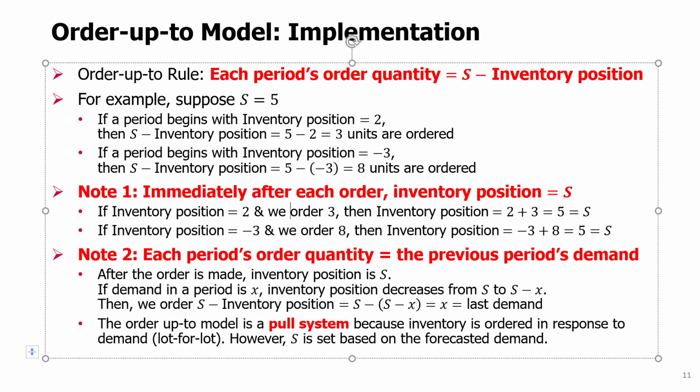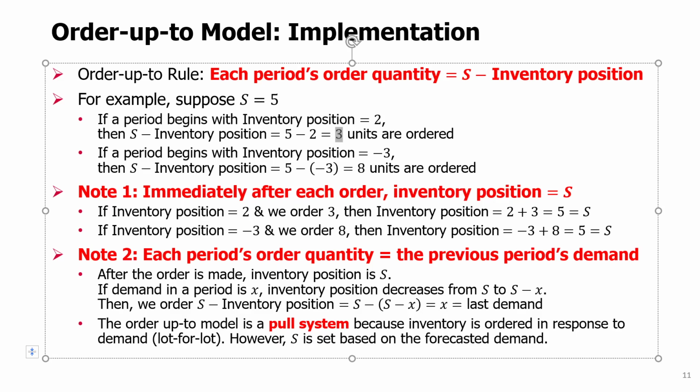One thing to observe is that immediately after we order, inventory position becomes S. Why is that? Because remember, when you order, these units become on order, an additional on order inventory. If you order 3 units, your on order inventory is increasing by 3.